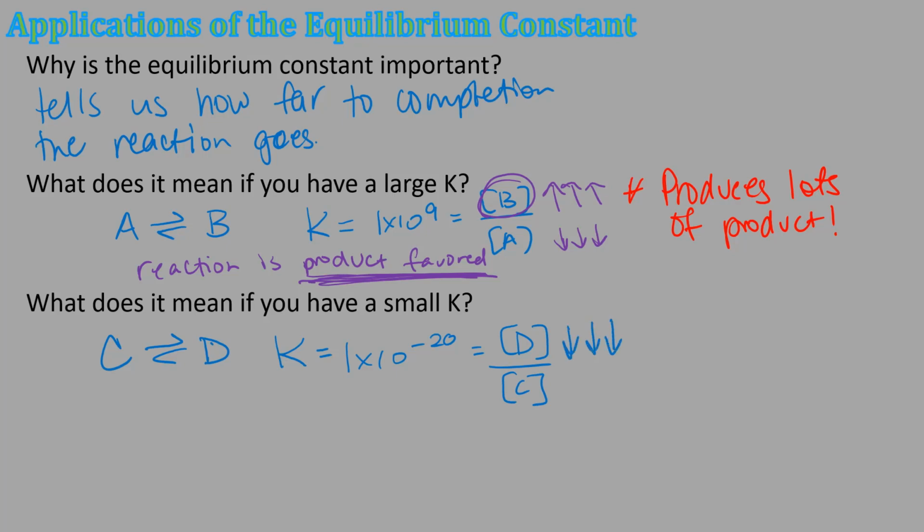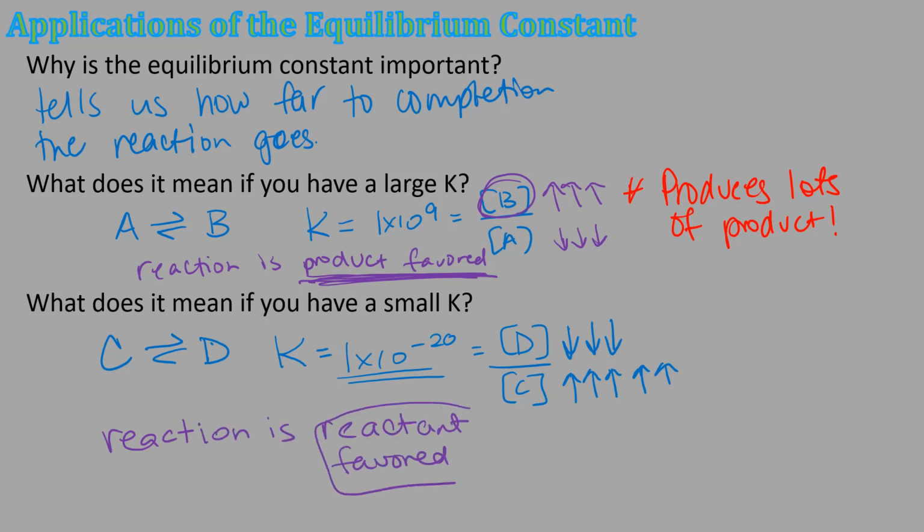There's hardly any D, and there's tons and tons of C. And so that's making this really tiny. And so we call that reaction reactant favored.